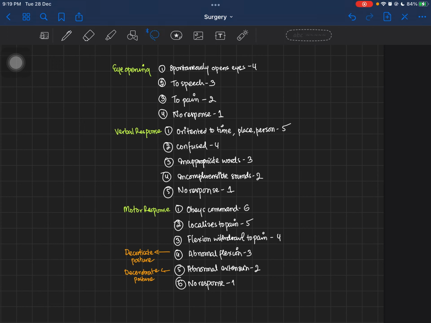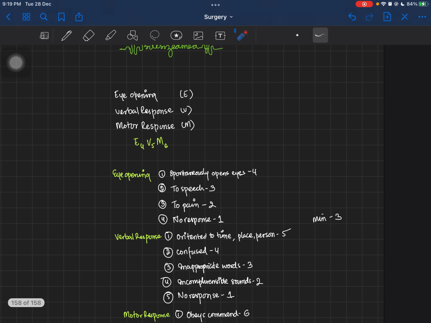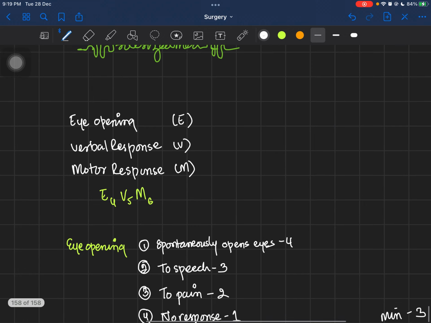So what is the minimum score that a person can secure according to the Glasgow Coma Scale? 1 plus 1 plus 1, that is 3. So the minimum score is 3. And what is the maximum score? E4, V5, M6. 4 plus 5 is 9, 9 plus 6 is 15.